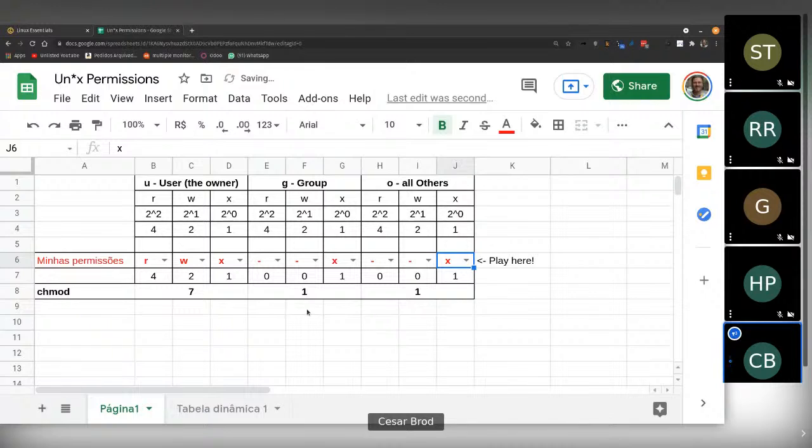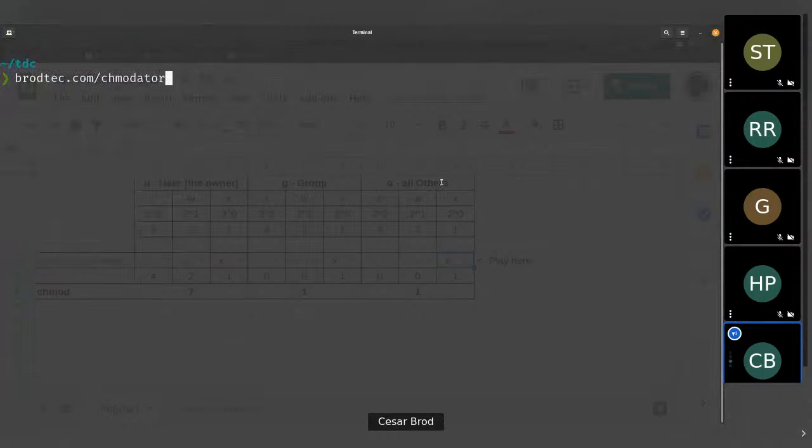And for the others, okay, the others in my system can also execute, and only execute. So I have 711. So if I do chmod 711, I will have rwx, nothing, nothing x, and nothing, nothing x. So let's just try very quickly to see if it works. chmod 711 numproc, and now let's take a look.